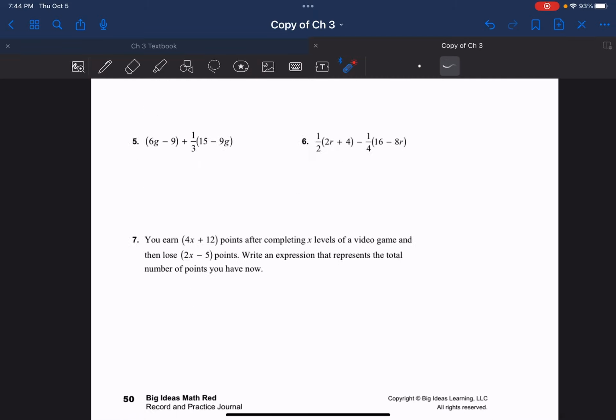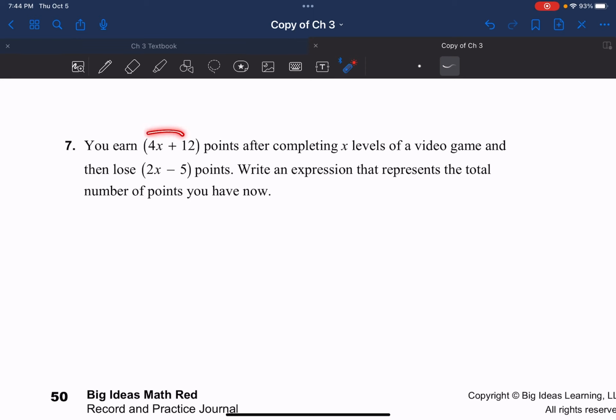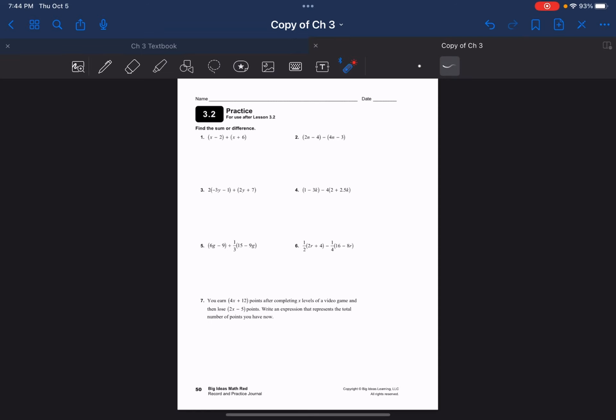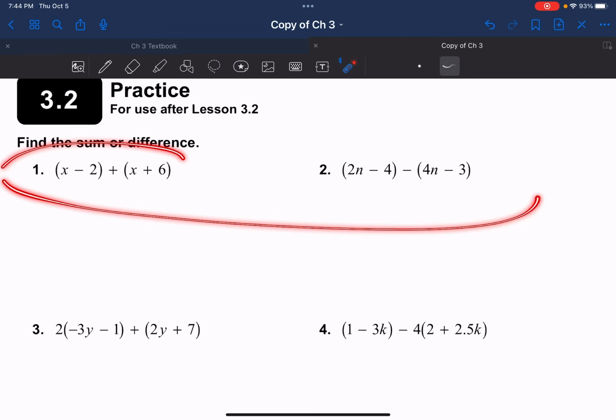All right, number 7 says, you earn this many points after completing this many levels in a video game. And then you lose, okay, lose, that's a really important word for now, this many points. Can you write an expression that represents the total number of points you have now? Basically, what it wants us to do is create something that looks like these problems, right?